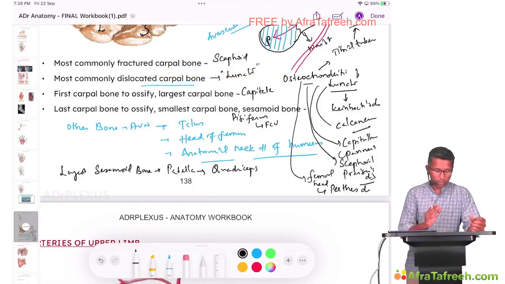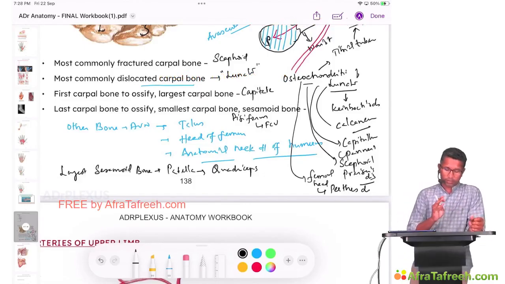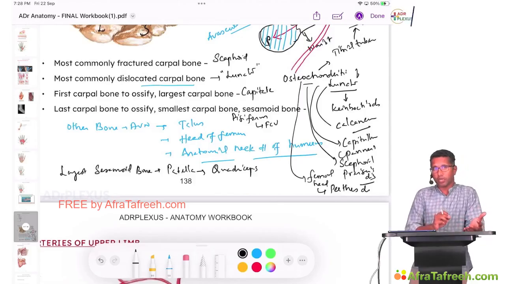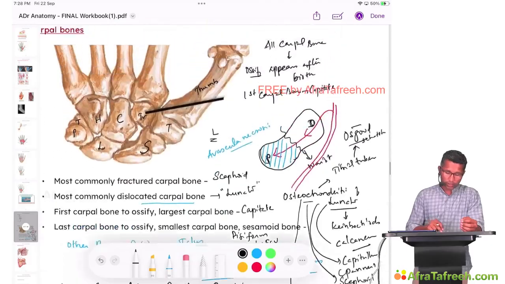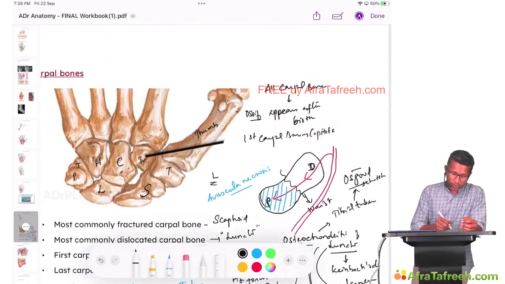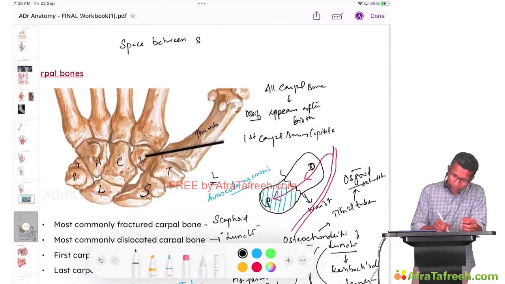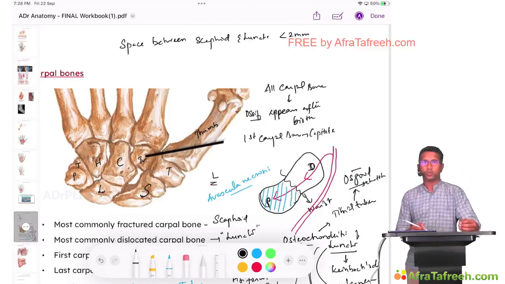Okay, so the important carpal bones are the scaphoid and the lunate. One is more commonly involved in fracture, and the other is more commonly involved in dislocation. There is one more entity which I need to add here. Normally the space between the scaphoid and lunate is less than 2 mm.